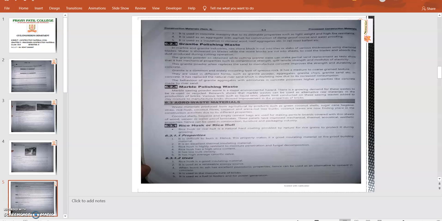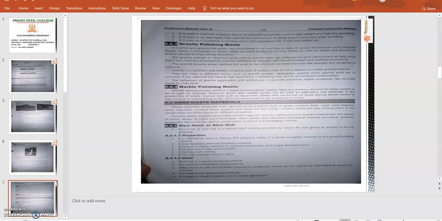The waste material produced from agriculture byproducts such as green coconut shell, sugarcane bagasse, straws, rice husk, coconut fibers, coconut and areca nut, tree trunk, coconut leaves are some of the materials which are produced during agricultural activities.